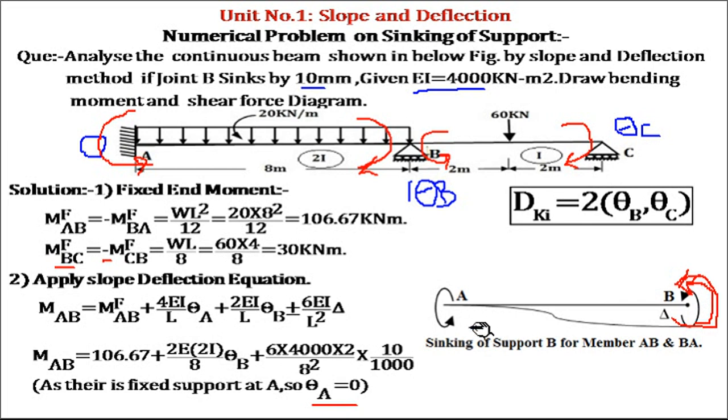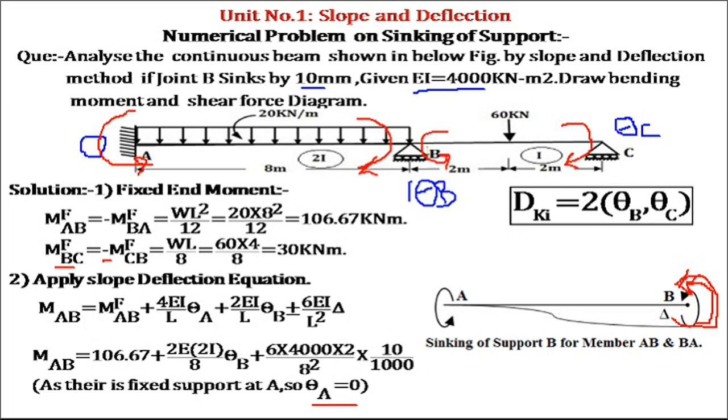And at A it will also be in anti-clockwise direction. So it will be plus at joint A as well as for joint B, because at both the joints it is acting in anti-clockwise direction. So 6 EI, value of EI is 4000, L is 8, into delta is 10, it is given in mm, so divided by 1000 to convert into meter.